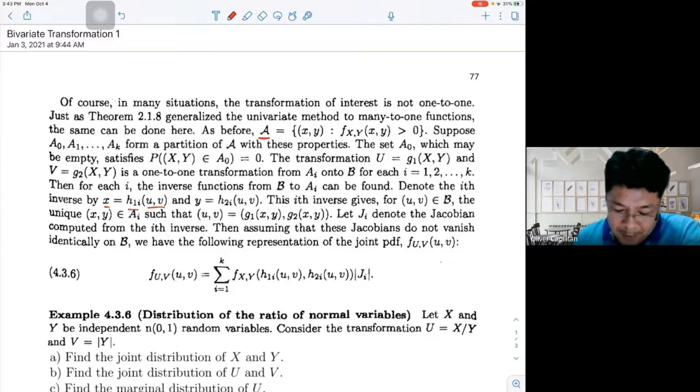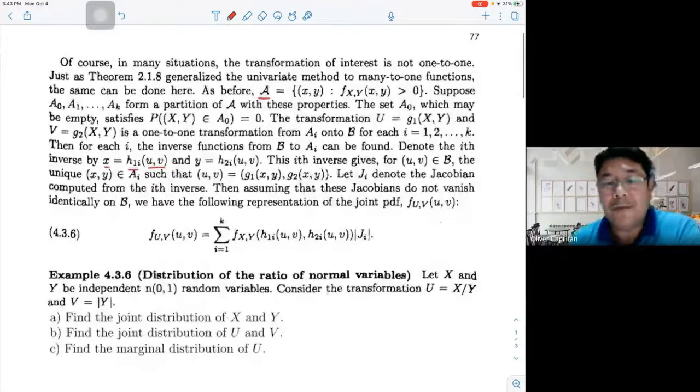So we can now get the inverse, hence the joint PDF of our new random vector u, v will be equal to this finite summation of the product of the joint PDF of x and y evaluated on the inverse functions h sub 1i, h sub 2i, times the absolute value of the Jacobian of the transformation from A sub i to script B, for i from 1 up to k.